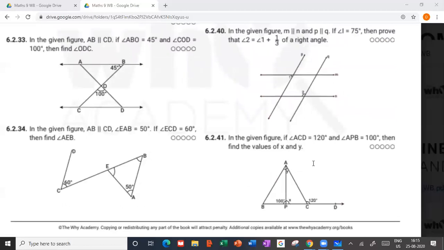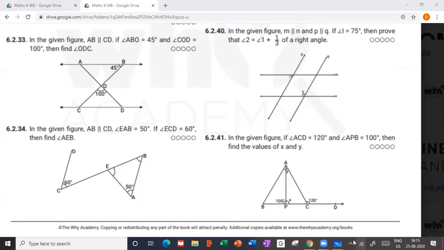Miss, 1/3 of a right angle is 30 degrees plus angle 1 that is 75 degrees, so it will be 105 degrees. Yes, you need to prove that. Miss, the alternate interior angle of angle 1 will be the co-interior angle of angle 2. You're saying this angle next to 2. Let's just call it 3.